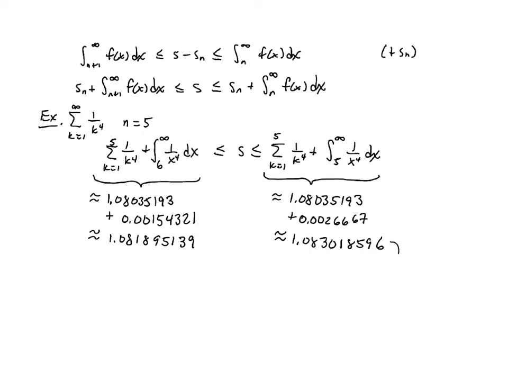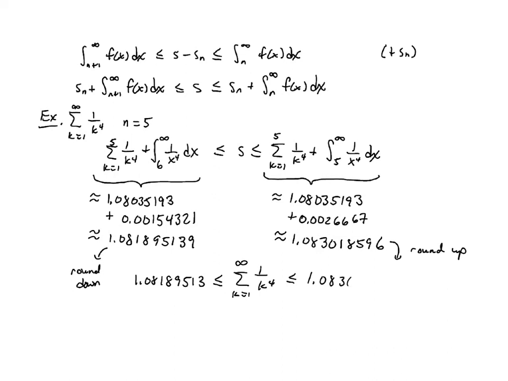So if I take this right-hand side and I round it up, and I take the left-hand side and I round it down, then what I find is that 1.081895113 is less than or equal to the sum k equals 1 to infinity 1 over k to the fourth, that's my s, and that sum is less than or equal to 1.0830186.